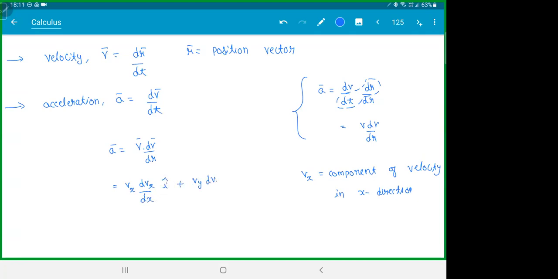Then vy dvy by dy j cap, vz dvz by dz k cap. So this can also be written as ax i cap, ay j cap, and az k cap.